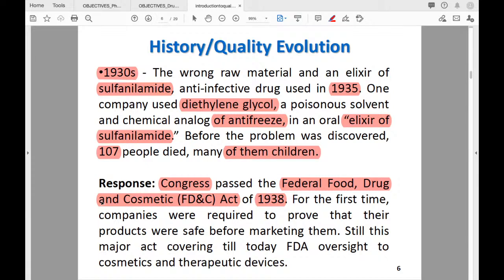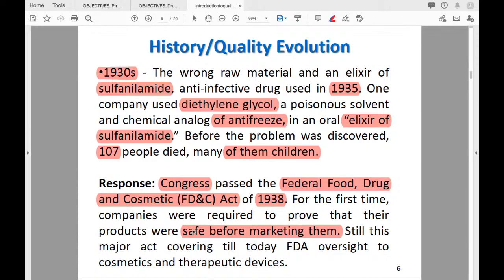And for the first time, companies were required to prove that their products were safe before marketing them. Initially, your processed meat, processed beans, processed vegetables, processed drinks, everything processed was coming into the market without any administrative power or license.